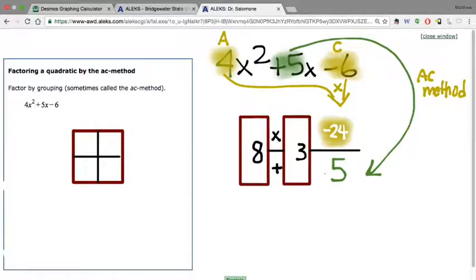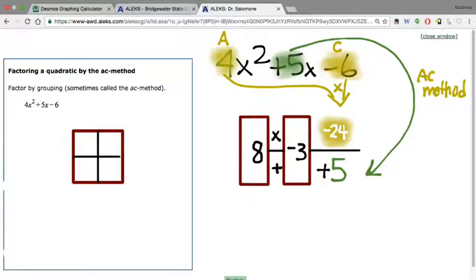But if their product is negative, one of them's got to be negative. Which one should be negative? 8. If I make the 8 negative, then the sum is negative 5. I want my sum to be positive 5, so I'm going to make the 3 negative. Okay. So 8 and negative 3 give us the pair that we want.